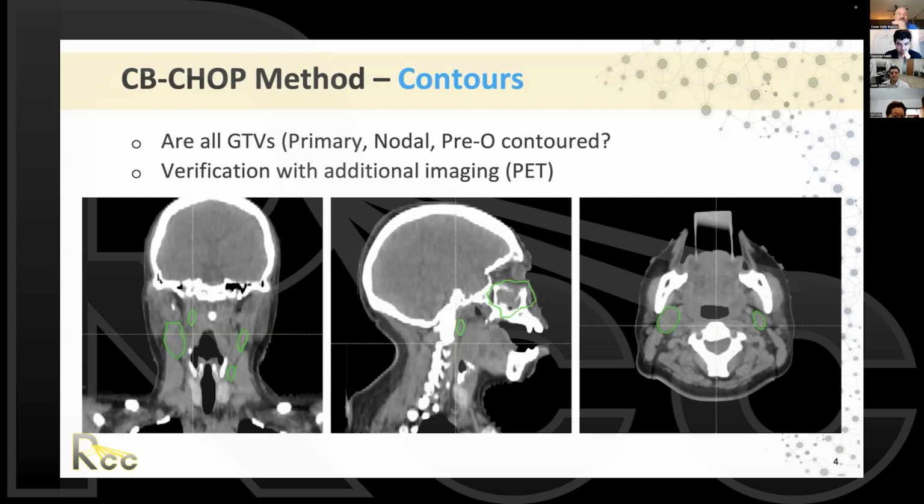One of the most important things is that you ask yourself if all the GTVs, primary, nodal, pre-op, have been contoured. You need to make sure that everything that needs to be treated is contoured. And you can always, as usual, use additional imaging to review the contours.